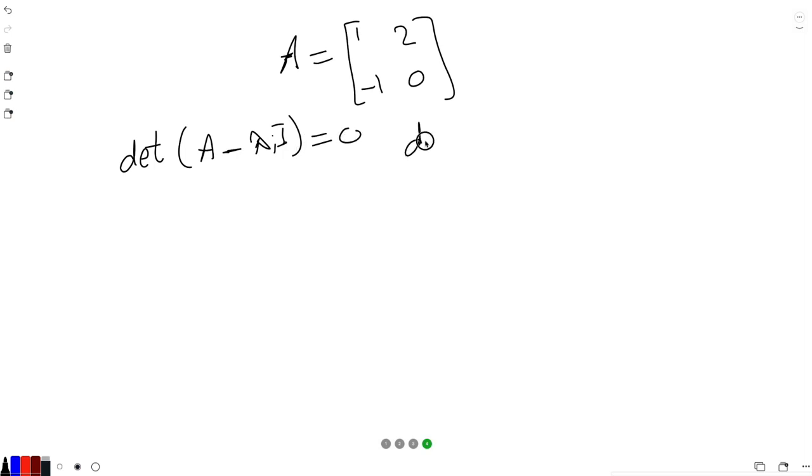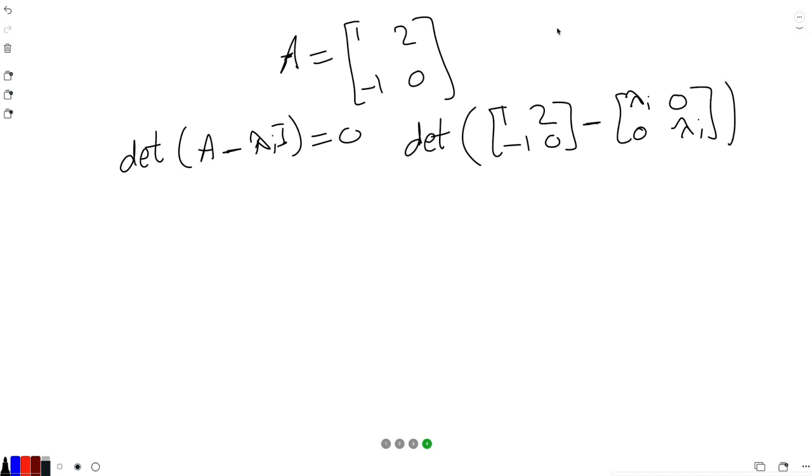It means the determinant of A, which is 1, 2, minus 1, 0, minus lambda times I, where I is 1, 0, 0, 1 multiplied by lambda, so it becomes lambda, 0, 0, lambda.